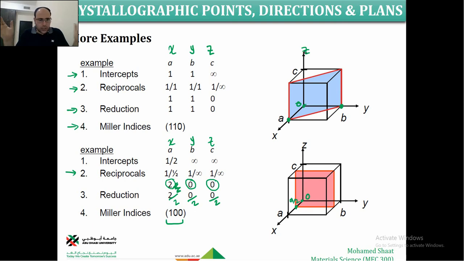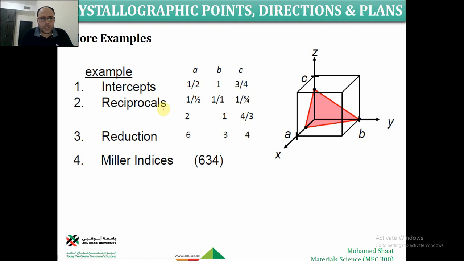It totally doesn't make sense. Okay, so it should be 1, 0, 0. Why 1? Because we are seeking the smallest integer values. With the zeros there is no big deal. The challenge is with the 2. 2 is not the smallest integer. Divide all by 2, and you end up with 1, 0, 0. Make sense?